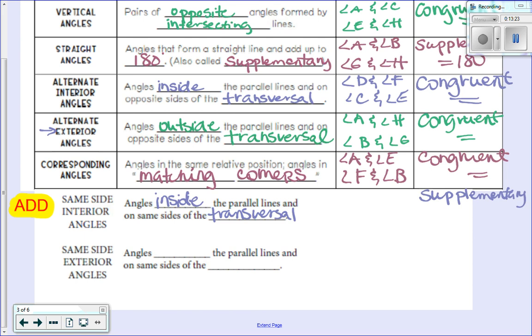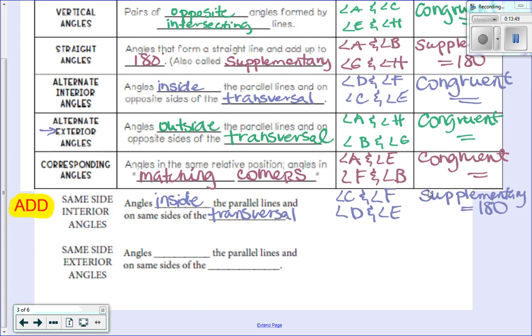We're going to add both of those angles up, and they are going to equal 180 degrees. And the two angles we talked about, angle C and angle F, are they on the same side, interior? And angle D and angle E.